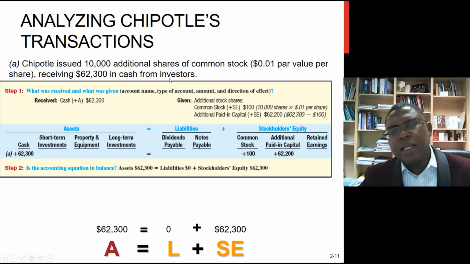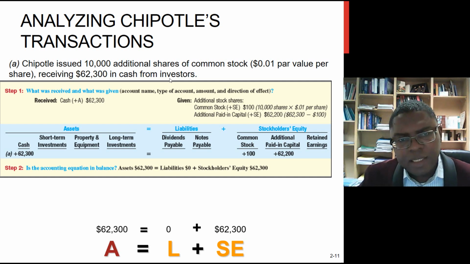So we ask ourselves, based on this transaction, what are the different accounts that are affected and how are they affected? So clearly we can see that the cash account is affected because this transaction says the company issued additional shares of common stock and they received $62,300 in cash.